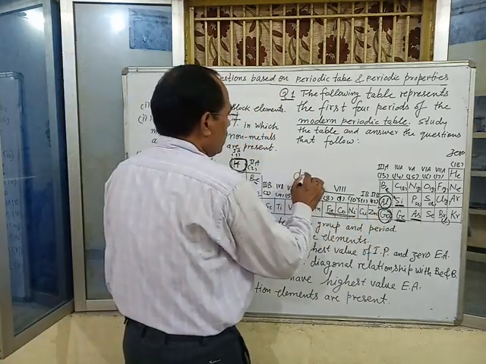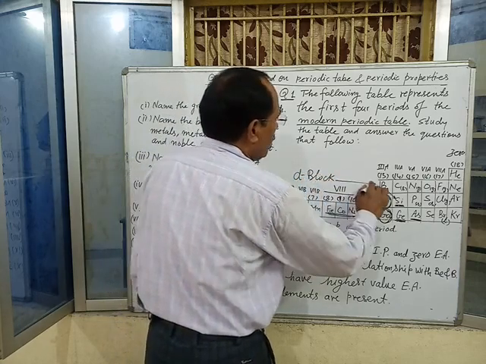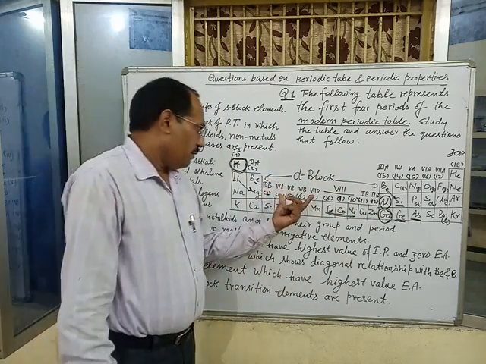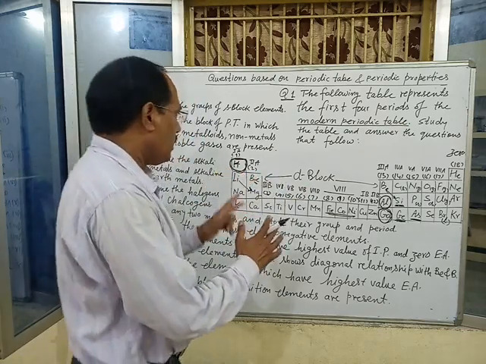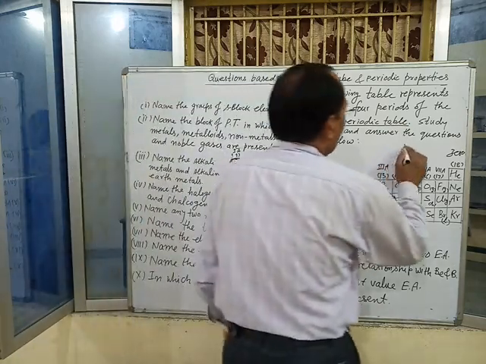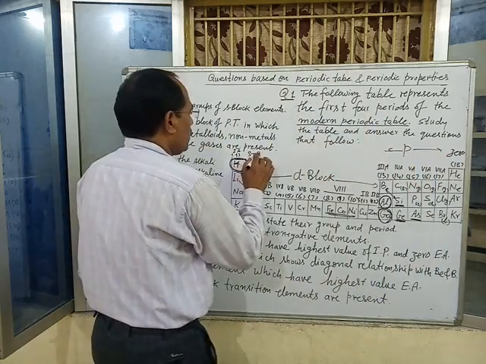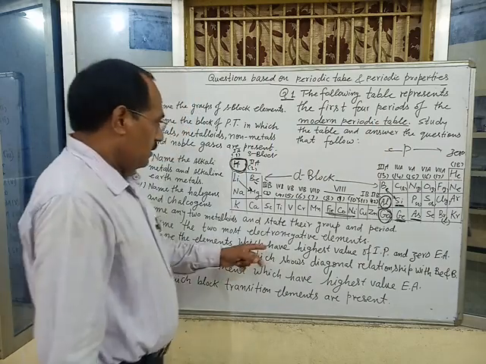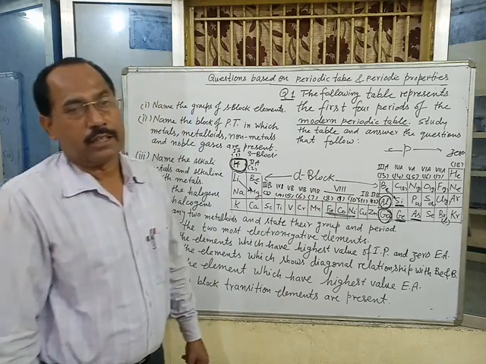D block is present between the S block and P block elements. This is the P block, this is the S block, and this is the D block. D block elements are also known as transition metals.